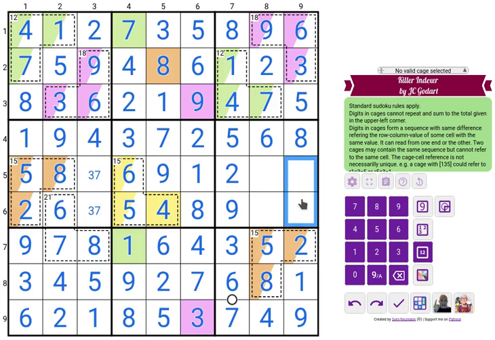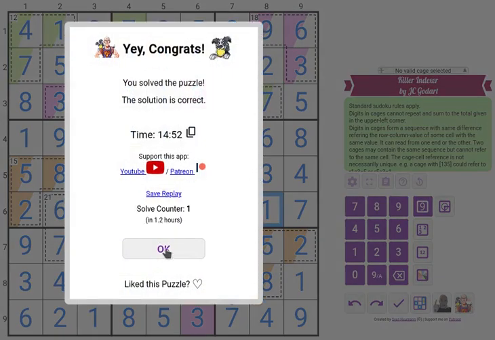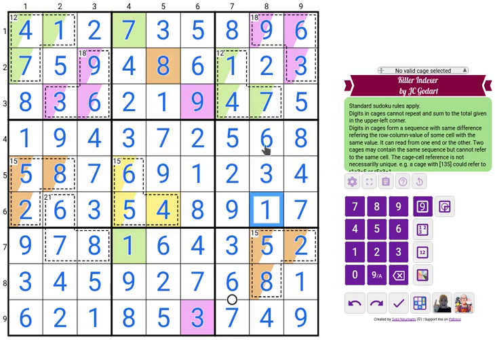Here we have 4 and 7. 7, which gives 3 and 1 to finish the puzzle, and that's it.